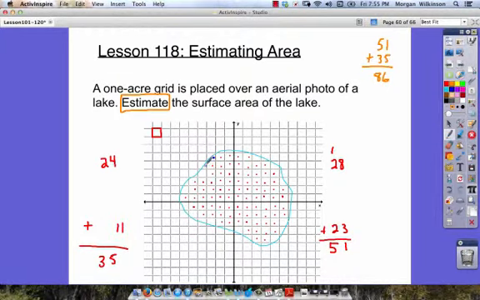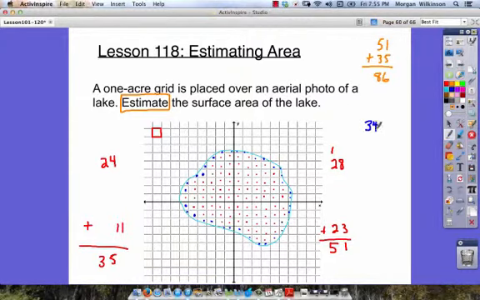We've got 1, 2, 3, 4, 5, 6, 7, 8, 9, 10, 11, 12, 13, 14, 15, 16, 17, 18, 19, 20, 21, 22, 23, 24, 25, 26, 27, 28, 29, 30, 31, 32, 33, 34. So it looks like there's 34 halves.